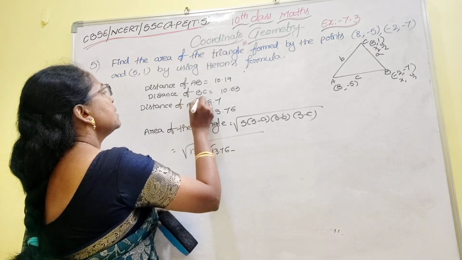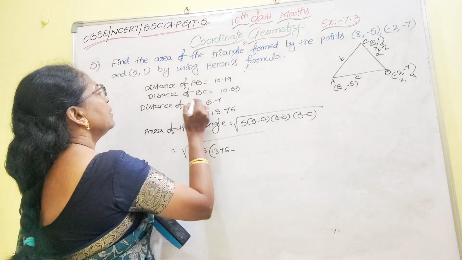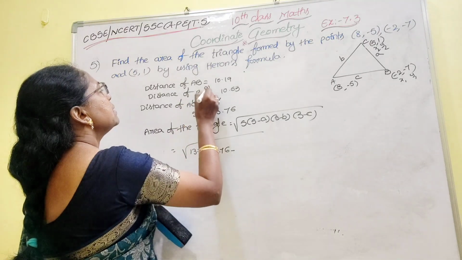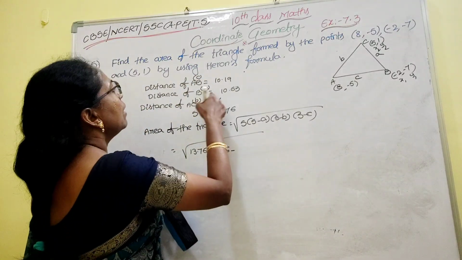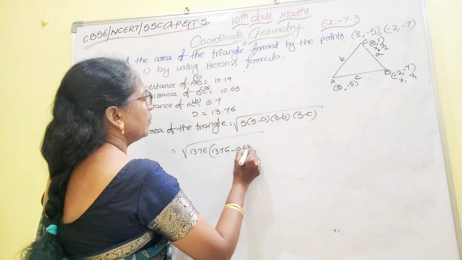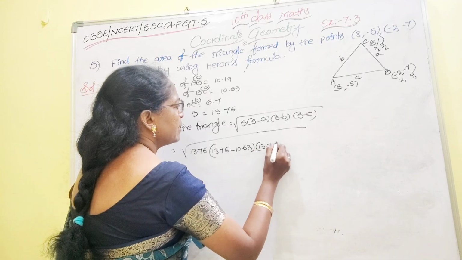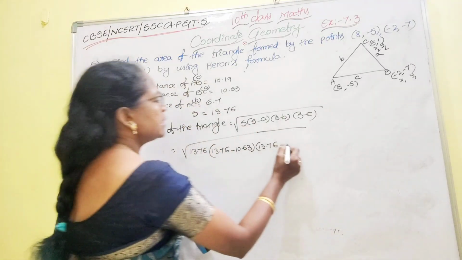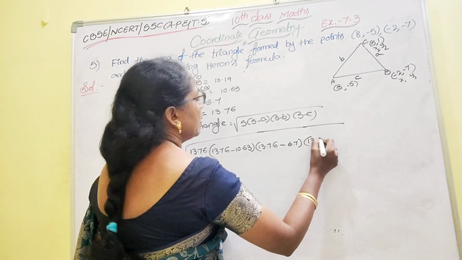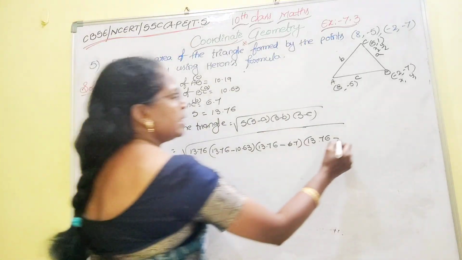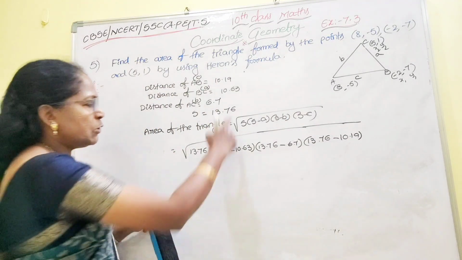This is a, and here b, sorry, this is b, BC distance is a, and AB distance is c. So S minus a is 13.76 minus 10.63, into S minus b, that means 13.76 minus 6.7, into S minus c, 13.76 minus 10.19. Just substitute all values in this formula.